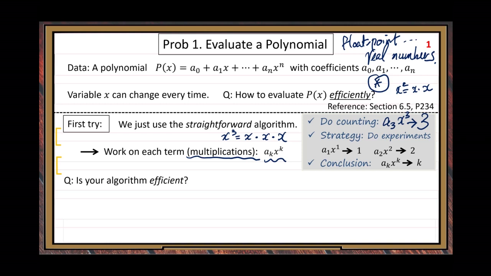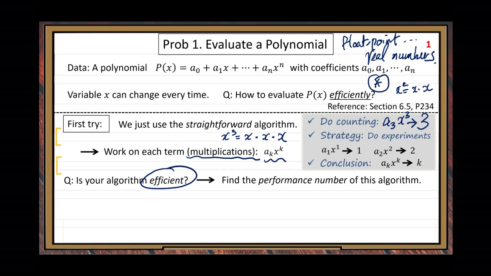We find a solution. But the question is, is this algorithm efficient? It may not be efficient, right? We may not know if it is efficient or not at this point, because this is the only algorithm we know to solve this problem.